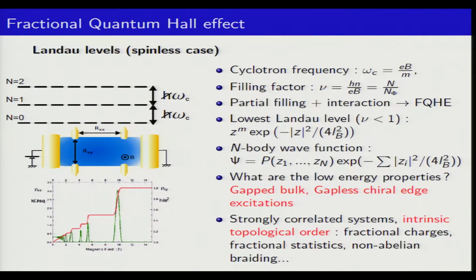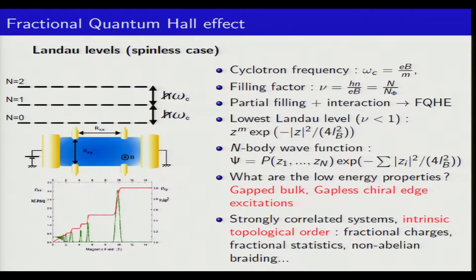And as Duncan showed you during the talk, when, for example, you do diagonalization of some interaction, like the Coulomb interaction projected onto one Landau level, you have, for specific filling factor, one lowest energy state separated by a gap from all the other excitations.